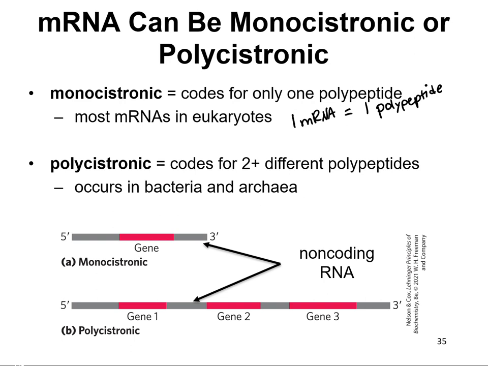But you can also see polycistronic, and that means that you've got one mRNA that leads to two or more different polypeptides. You see that a lot in bacteria, where you have one super long mRNA transcript and then you actually end up making like 10 proteins.